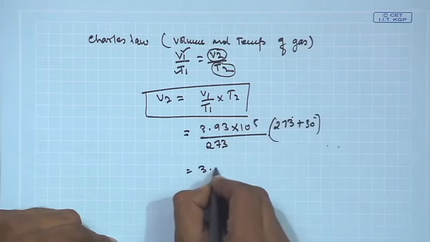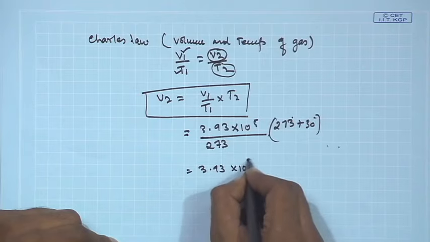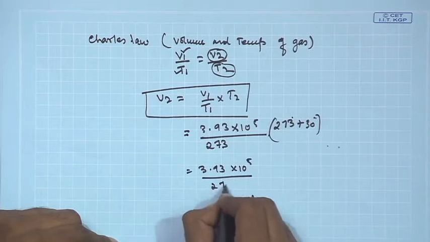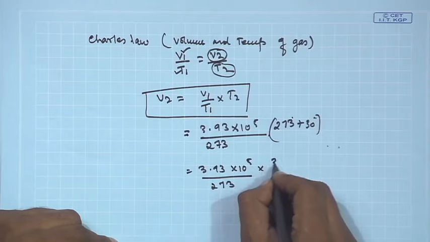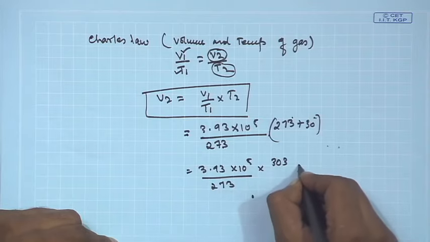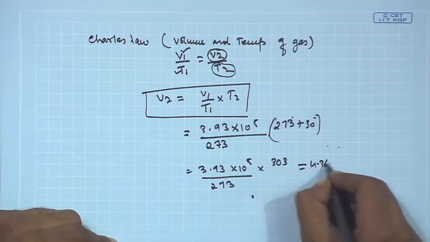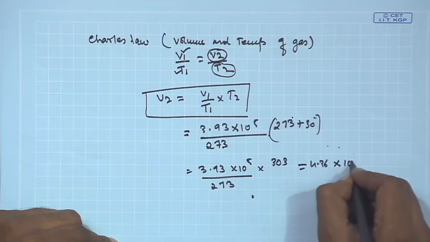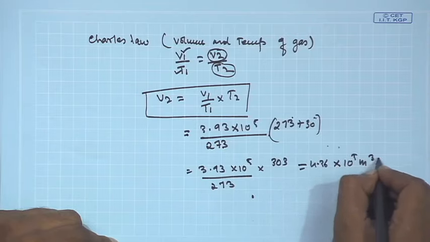So, 3.93 into 10 to the power 5 into 303 by 273 gives us 4.36 into 10 to the power 5 meter cube.